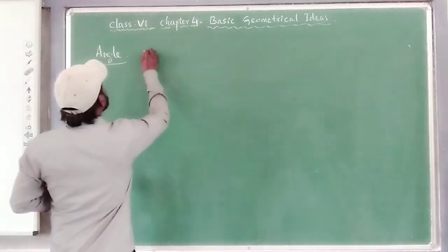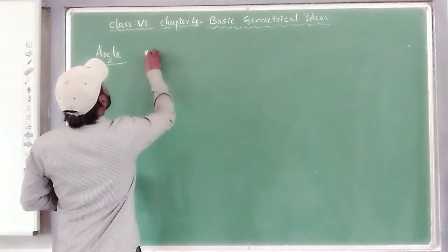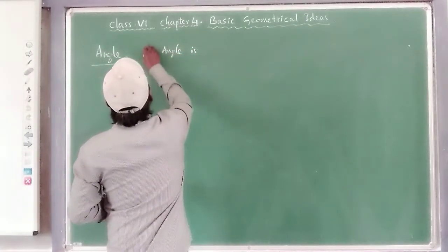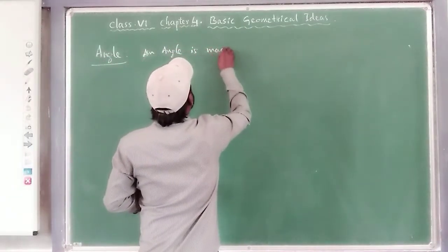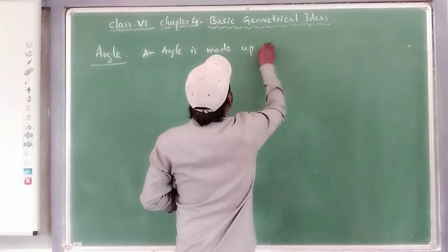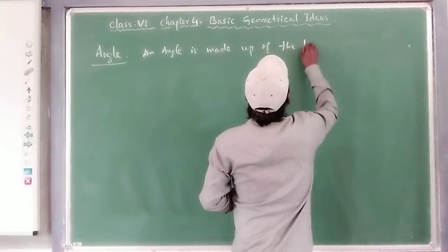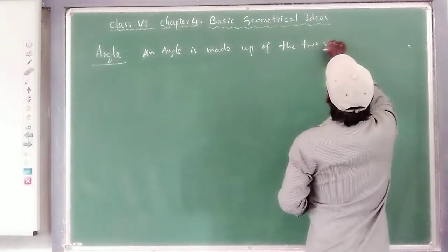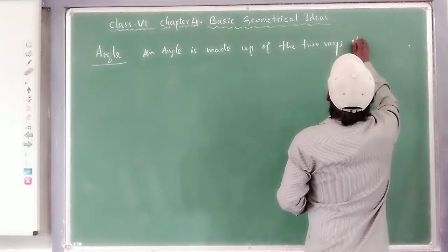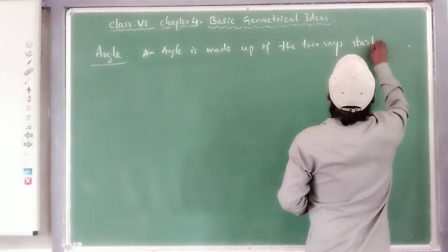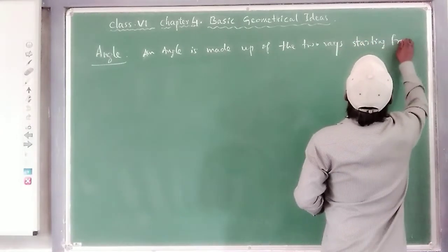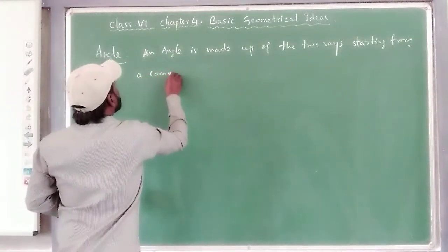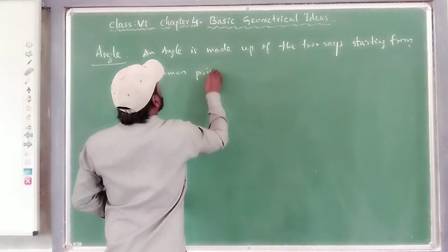So what is meant by angle? An angle is made up of two rays starting from a common end point.